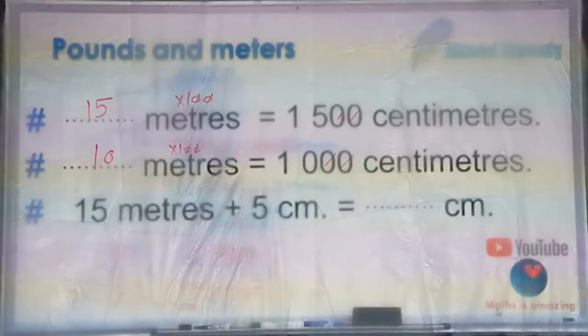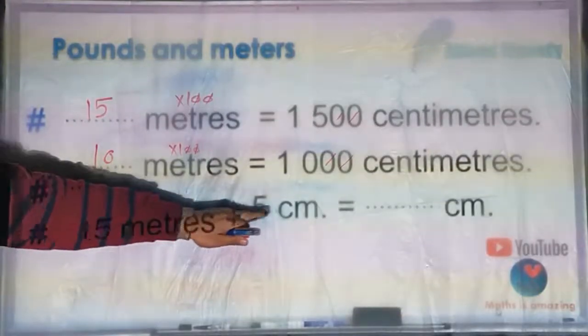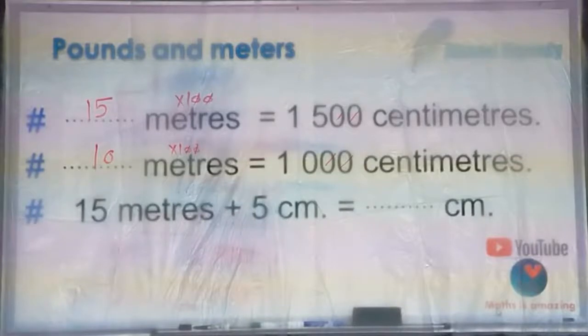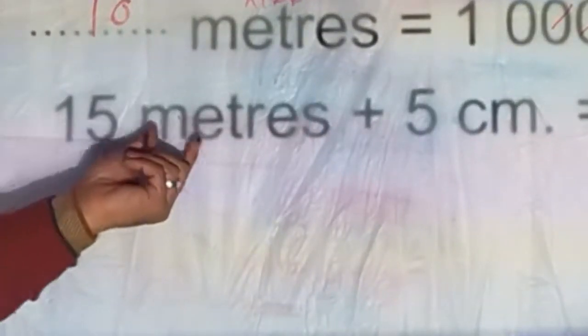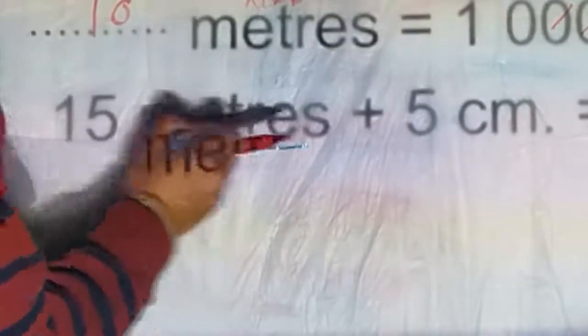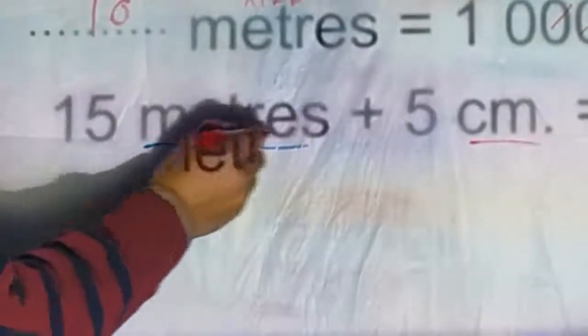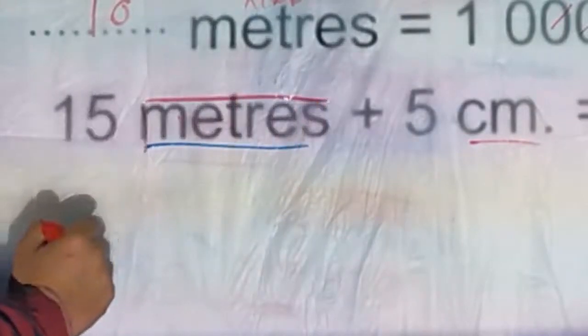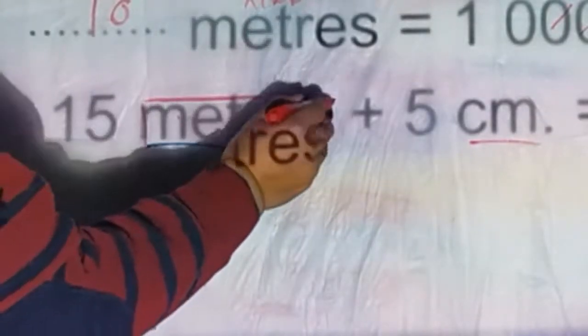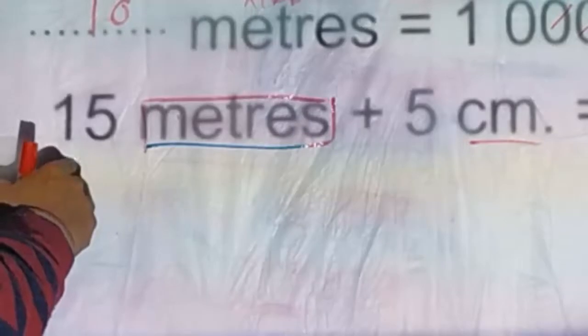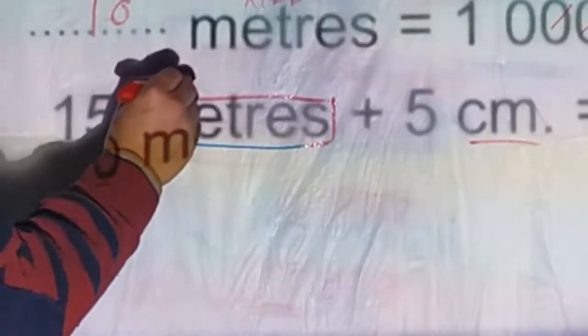Next. 15 meters plus 5 centimeters. It's a new one. It's different than the others. 15 meters plus 5 centimeters. Notice that we have now meters and centimeters, to equal how many centimeters. Then we must change meters by multiplying by 100.